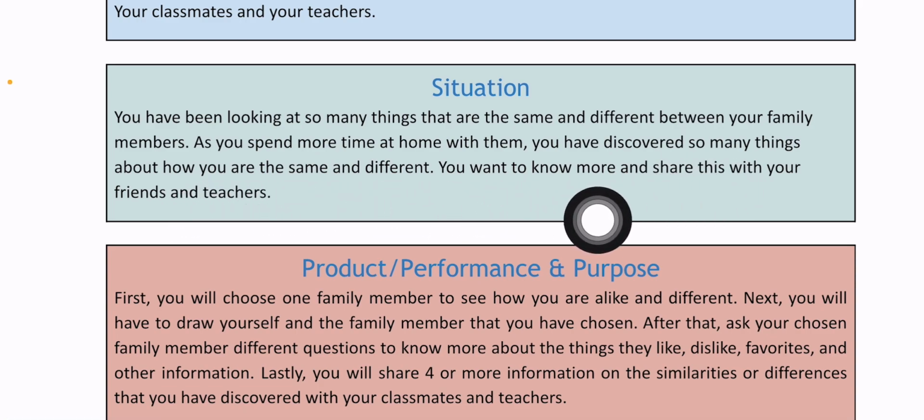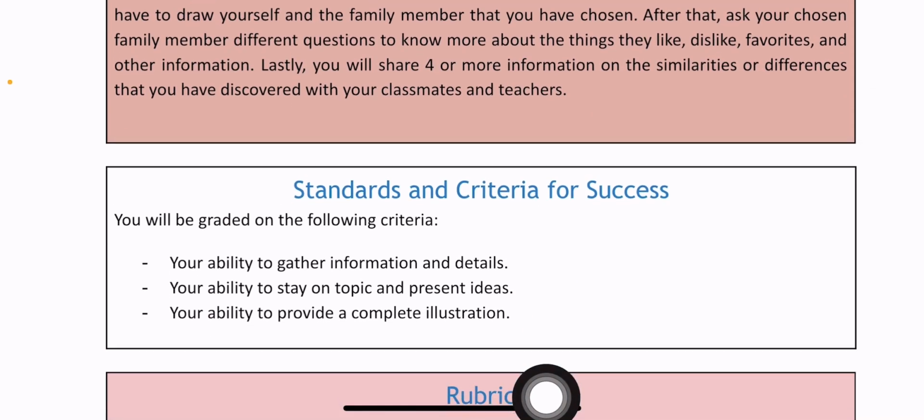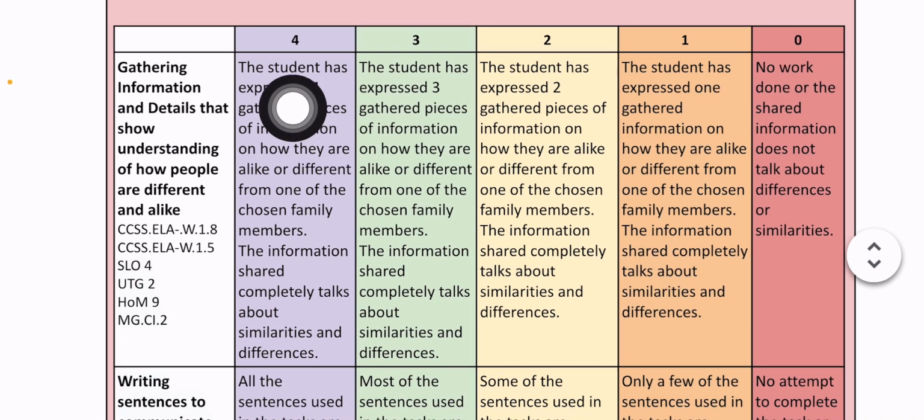You want to know more and share this with your family, with your friends and teachers. You can just go over this later on. Now these are the important things. They will be graded using the rubric. So you want them to understand when we are teaching them. These are the things that we want them to get.